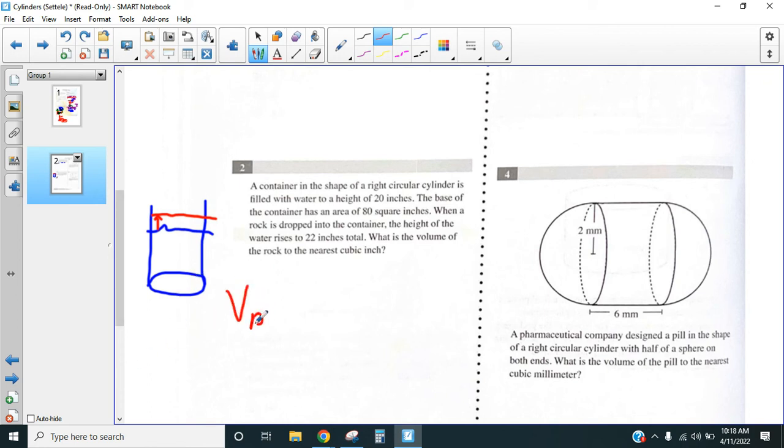What's the volume when the rock is in there? And then subtract the volume before the rock, right? Volume of the rock in there, take away the volume before the rock, pre-rock, if you will. I'm not talking about Dwayne Johnson, not that rock, if you smell what I'm cooking, okay?